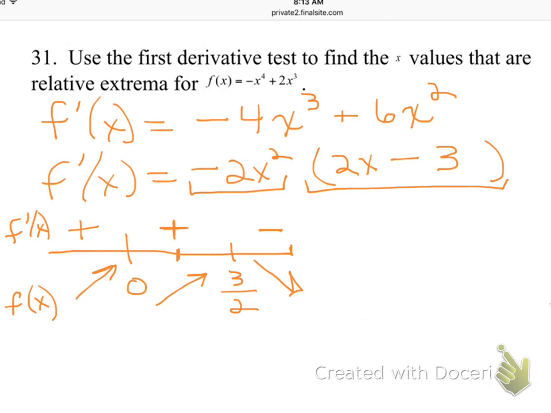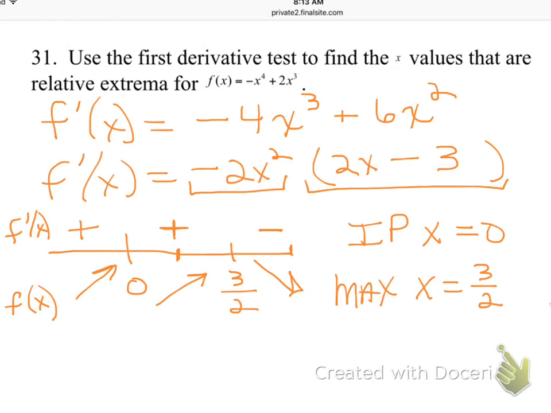The first one is an inflection point because I do not have a sign change in my slope. So I have an inflection point where x equals 0, and then what's happening at 3/2? I am going up and then I'm going down in terms of the direction of my graph. So that means I have a max at x equals 3/2, and they only wanted the x values.